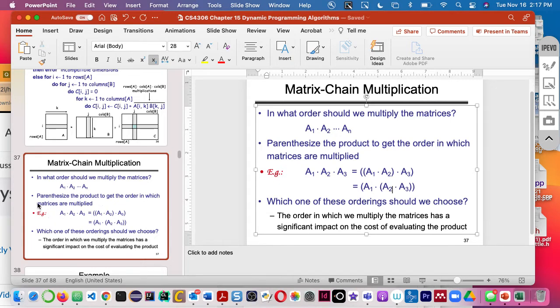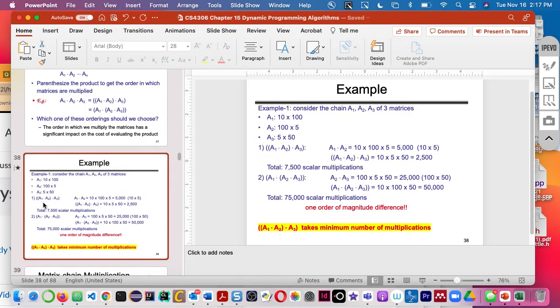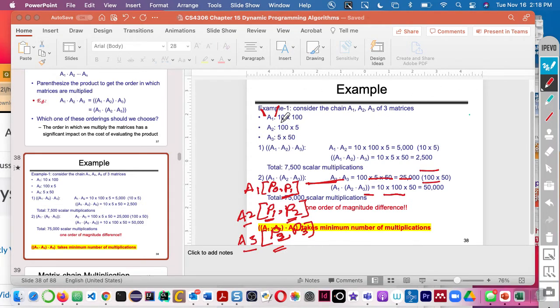Okay, let us see some examples. If my A1 matrix is 10 by 100 and A2 matrix is 100 by 5, that means 100 rows and 5 columns, right?